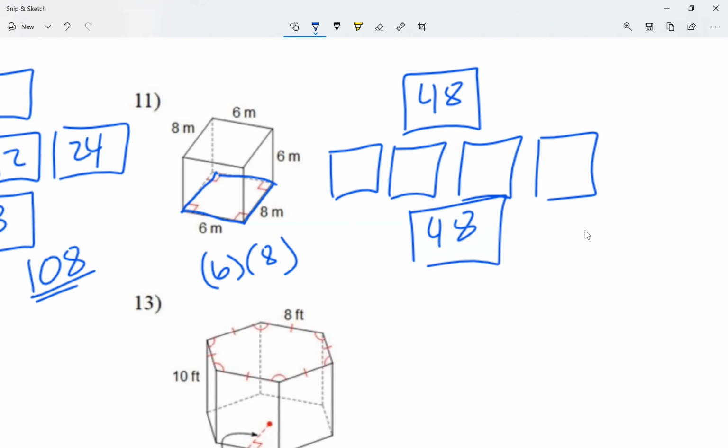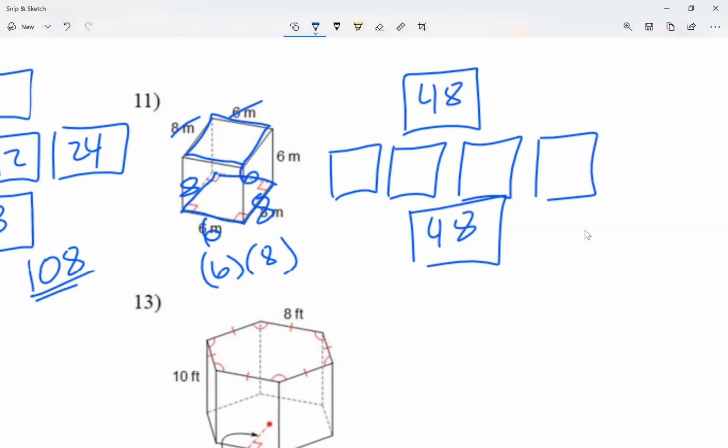Now let me find out the measurement of each side of my base. I know one side is 6, the other side is 8, the third side is 6, and the fourth side is 8. Which number represents the height of the prism? The height of the prism is the number that has nothing to do with the bases. I know the other base is right here. So this 6 and this 8 are measurements of my bases.